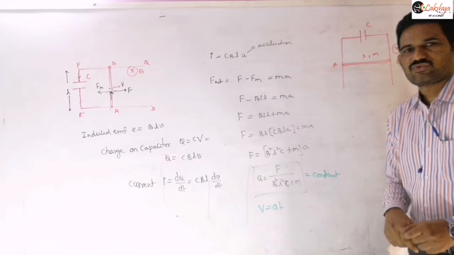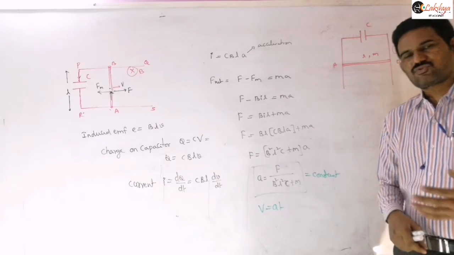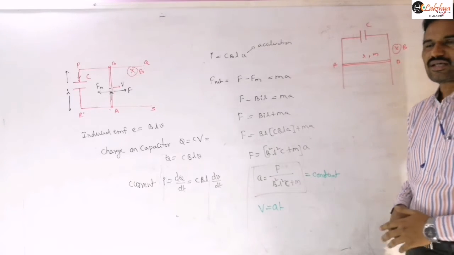G is acceleration due to gravity. That means G is acceleration due to gravity means you need to consider the gravity here.